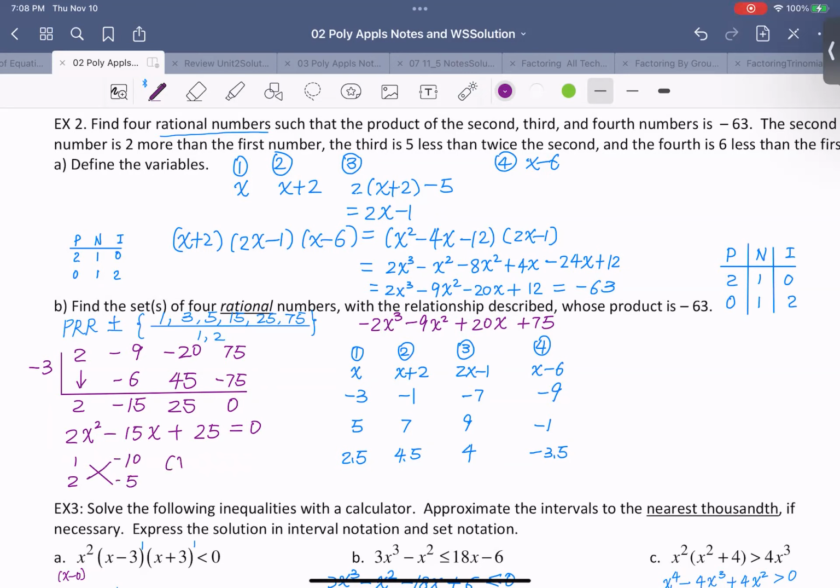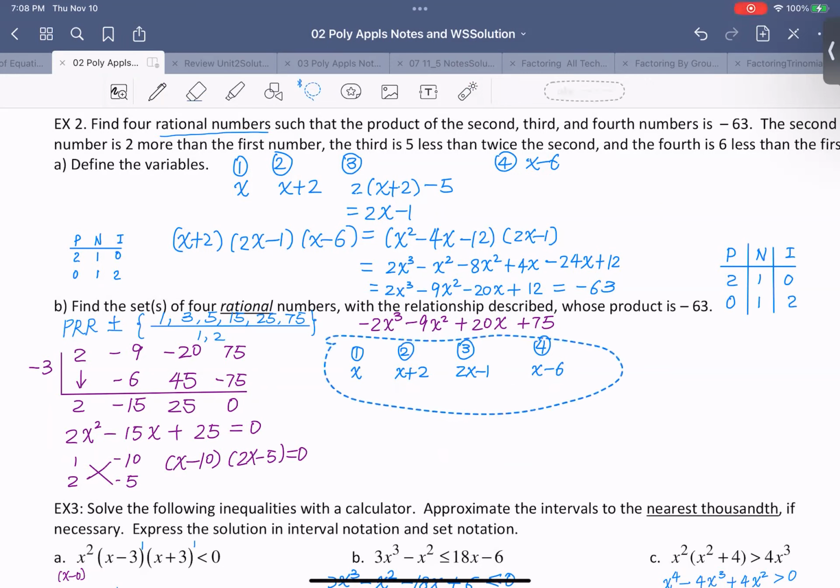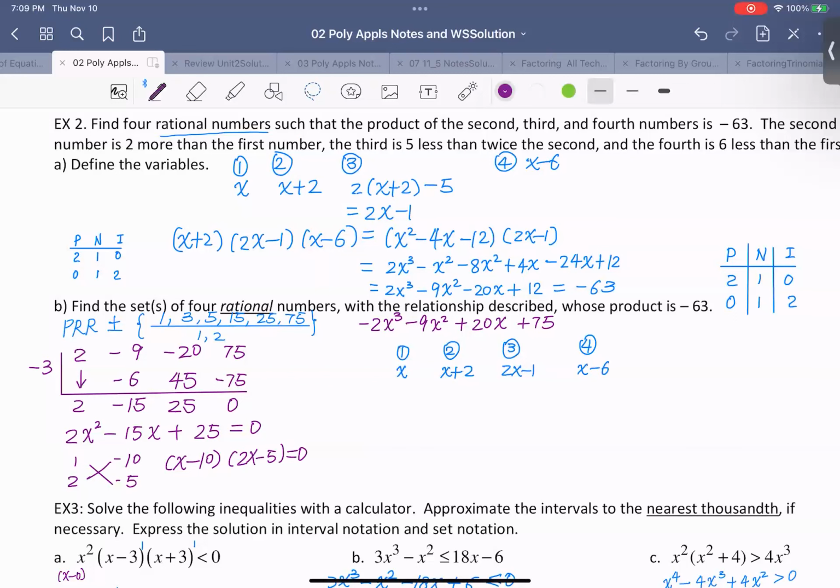So this gives you x minus 10 times 2x minus 5 equals 0, right? Very good. And then let's list all those values. You have 3 possible x values. First one is -3, second one is 10, third one is 2.5, right? Correct.